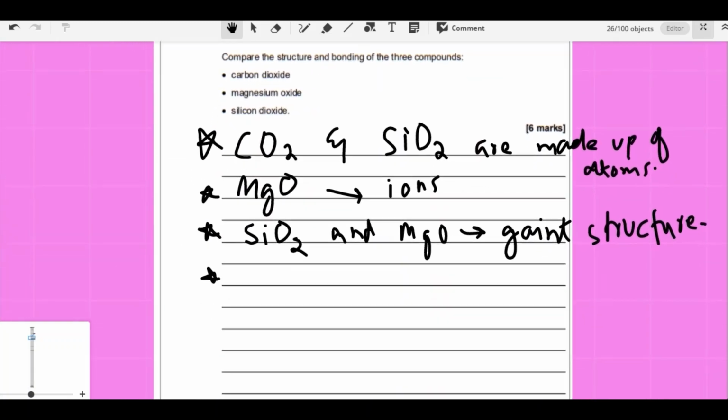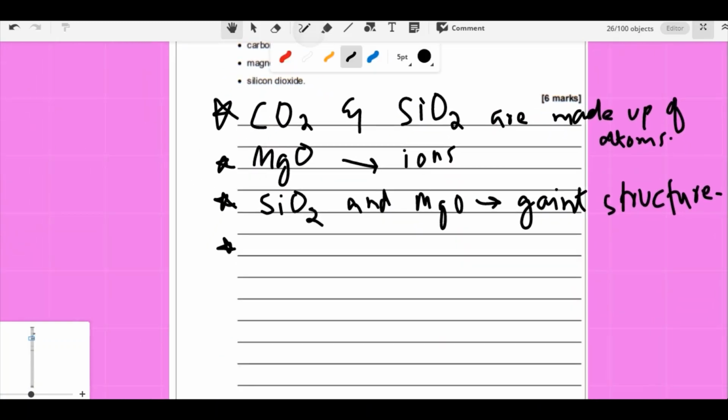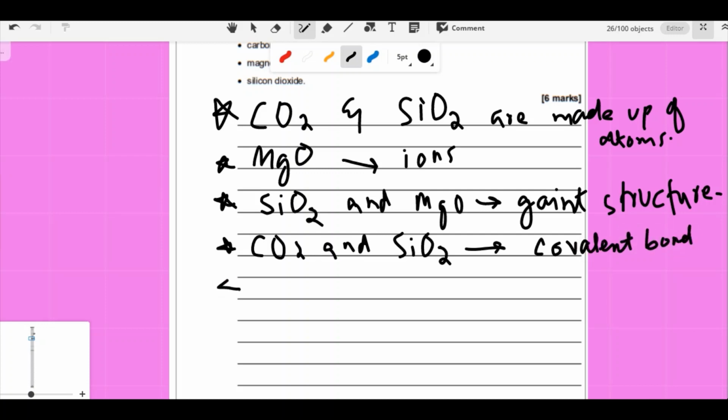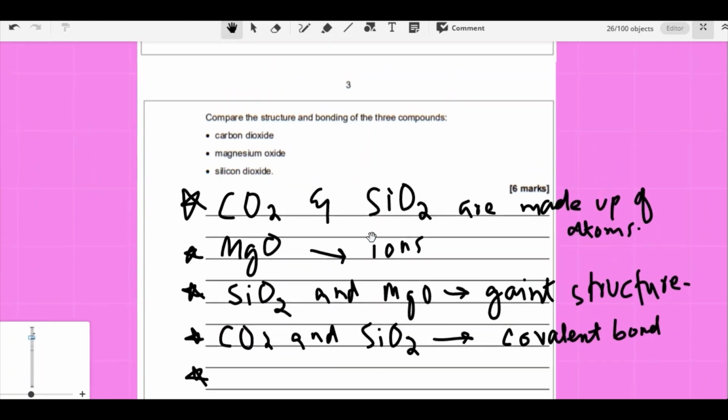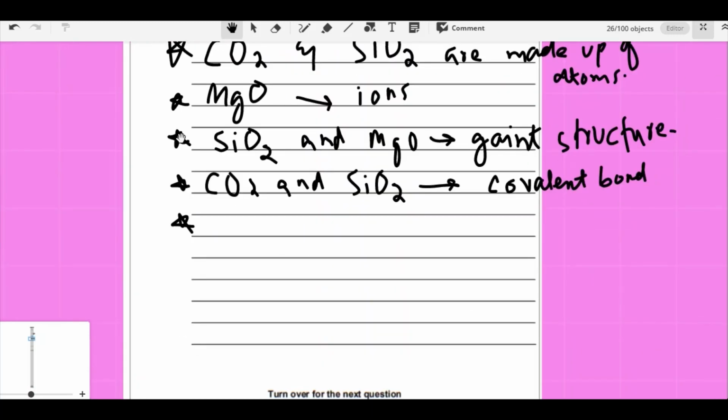So you can write here carbon dioxide and silicon dioxide contain covalent bonds, while, because the question is 6 marks, you have to write as much as you can, finding information from the structure and bonding of the three compounds. So you have to write at least three differences or comparisons.